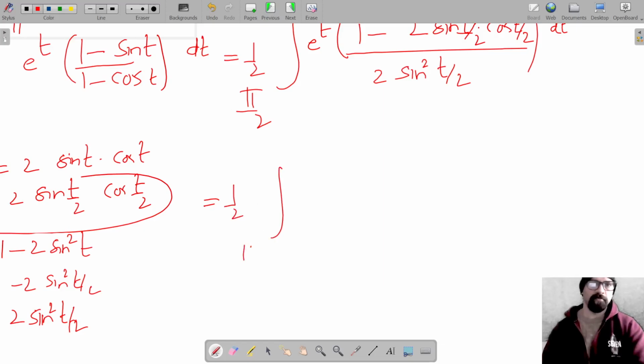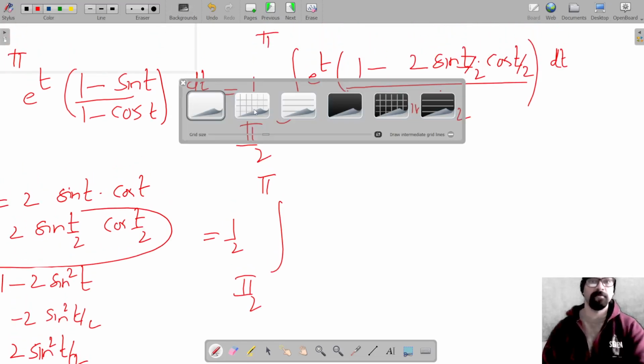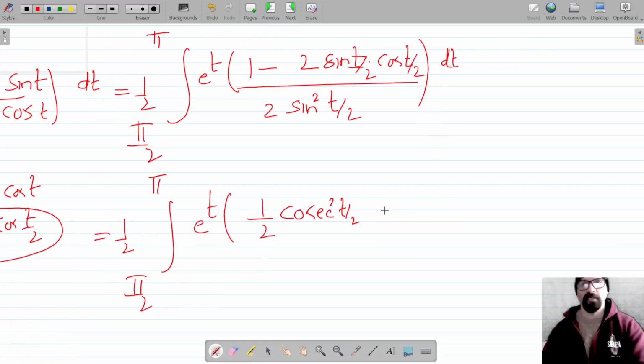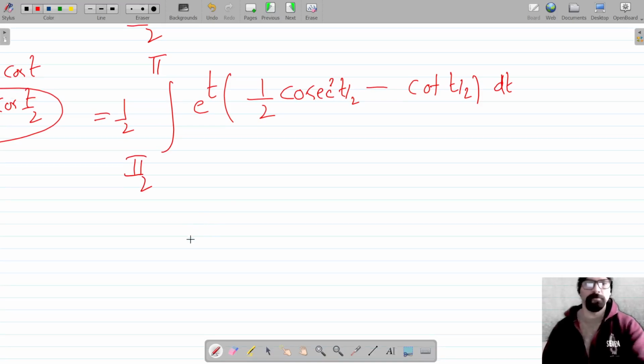So simplifying this further, this is e raised power t, and I can write it as half cosecant square t by 2 minus, the 2 and 2 get cancelled, and we are left with cot t by 2 into dt.